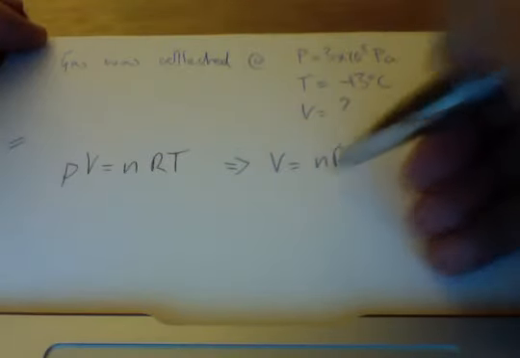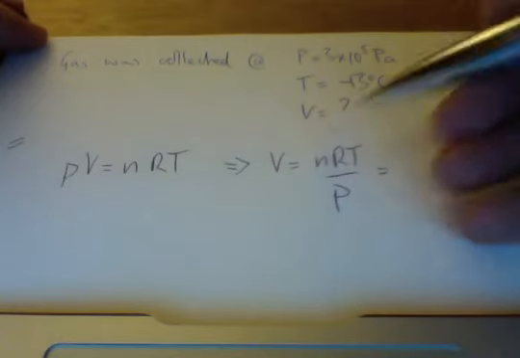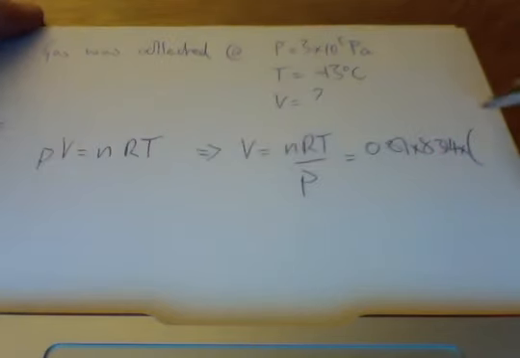Okay then, so take the ideal gas equation. We rearrange it to find volume. We know the number of moles from our previous answer. And this time we're going to work to minus 13 degrees in Kelvin.